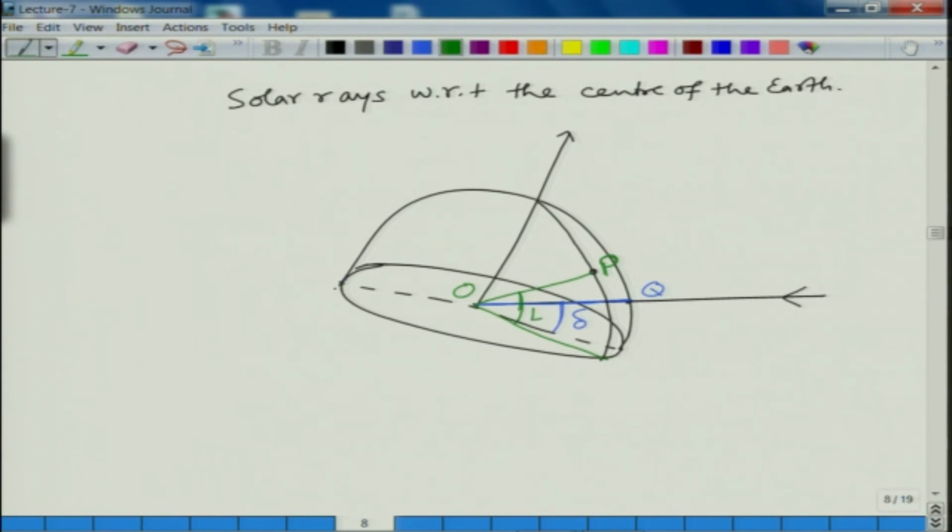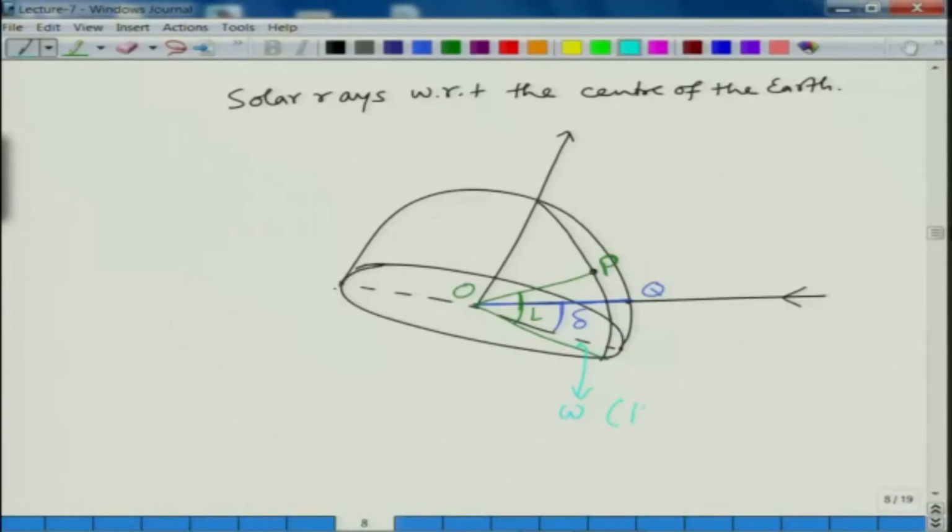Now, between these two we have a certain angle: the projection of QO on the equatorial plane and the projection of PO on the equatorial plane have a certain angle between them, and that is what we call the hour angle.